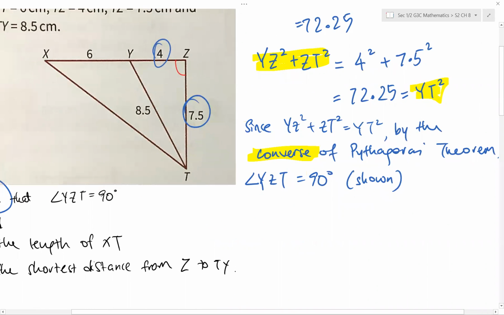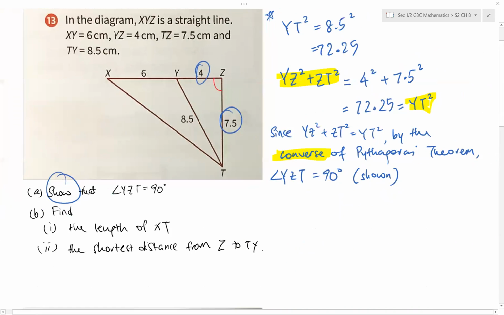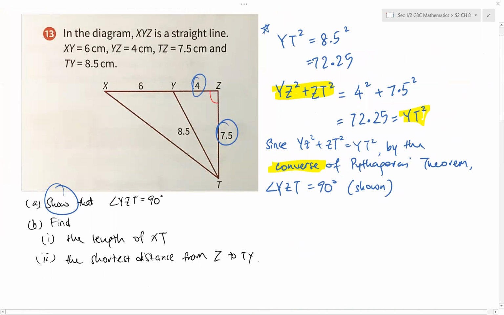Next one. Find the length of XT from X to T. So this is our next question. Well, with the 2 shorter sides, X to Z, total distance 10 cm. Z to T, 7.5 cm. You can find out XT by yourself. Okay?